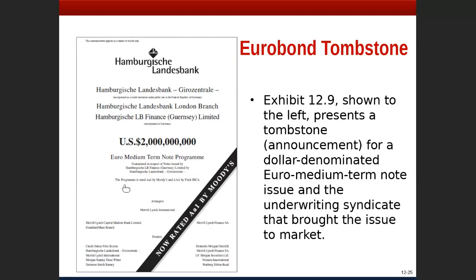You can see Merrill Lynch here, and then you can see other banks in the syndicate. And this is the size of the issue. $2 billion is the size of this particular issue.